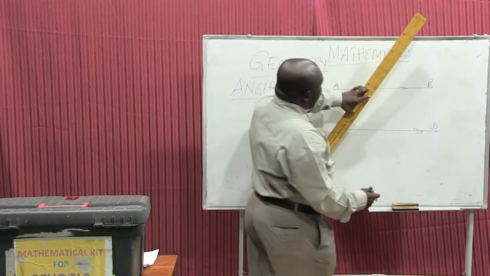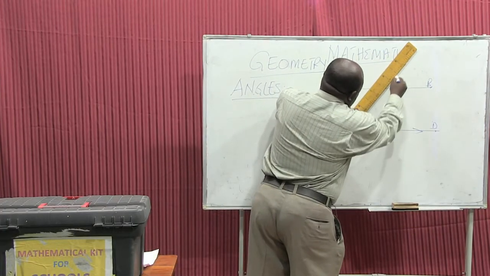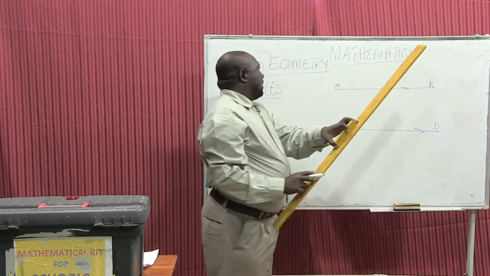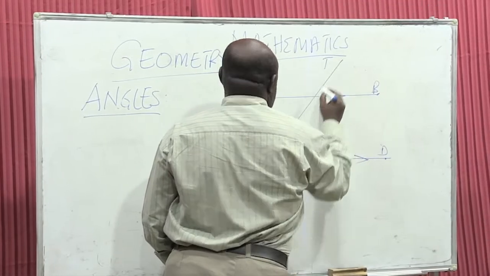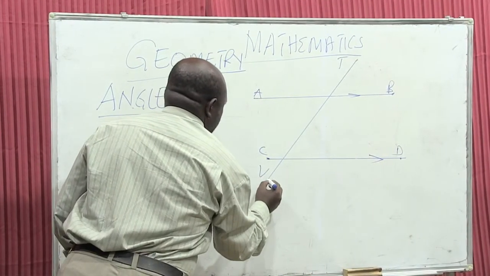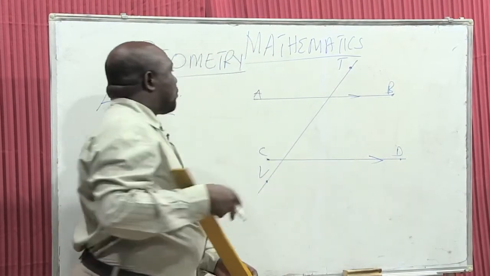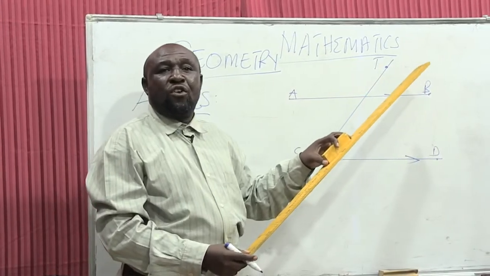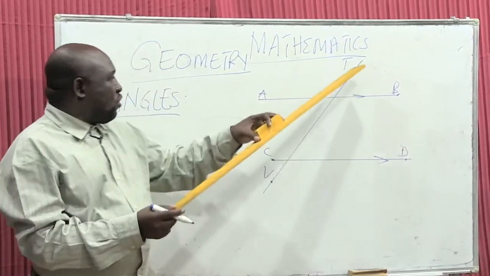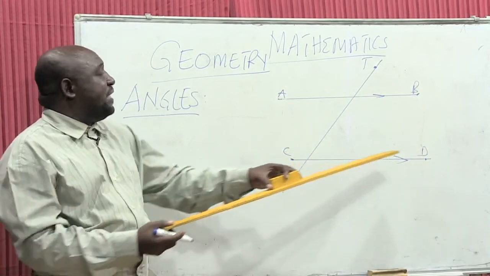Then we draw another straight line across. We call it TV. So this line TV is a transverse line. It is crossing line AB and CD.